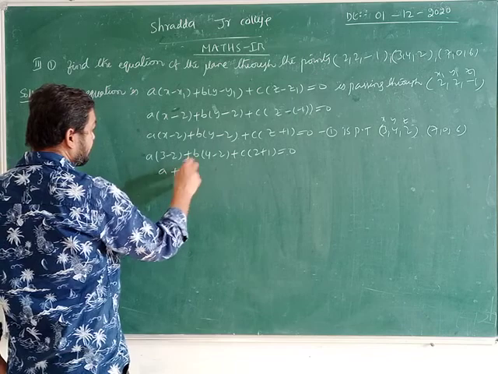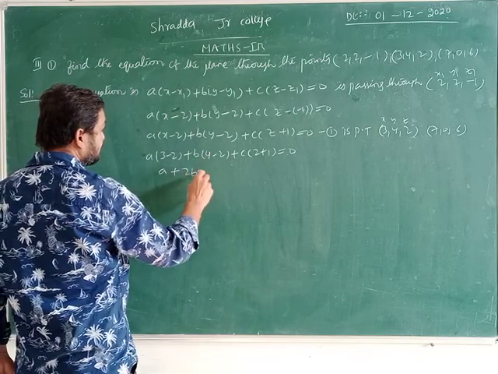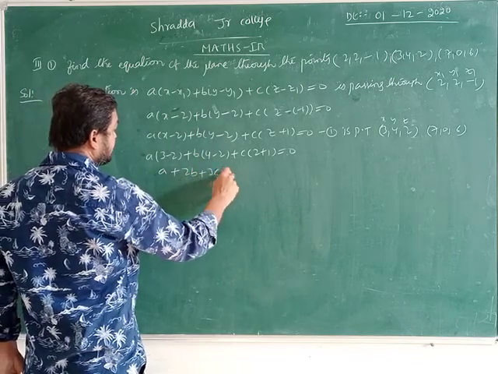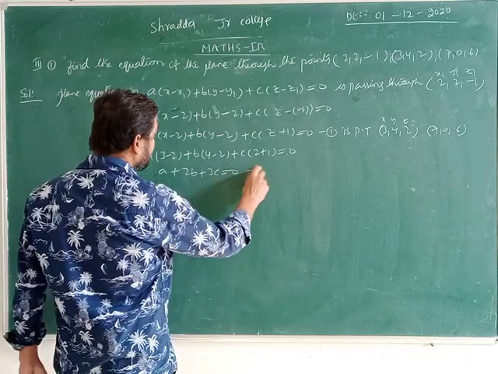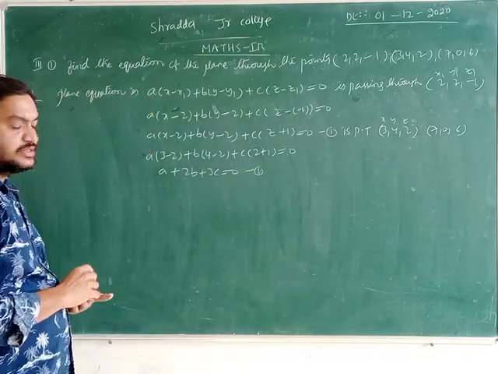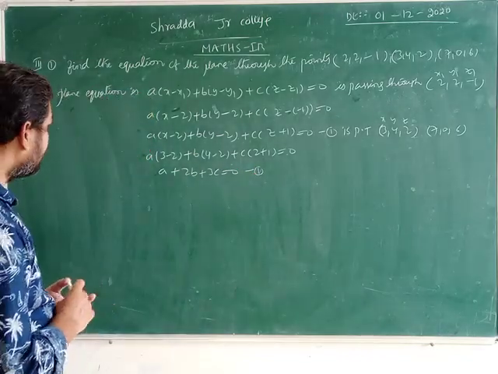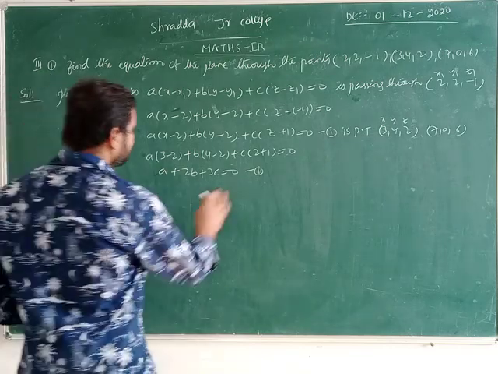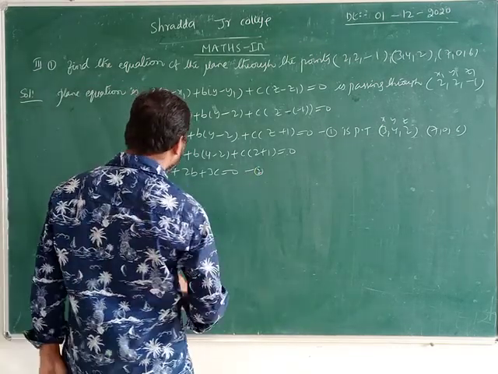Now A, 4 minus 2, 2, 2b plus 3c equals to 0. Okay, this is equation number 2.